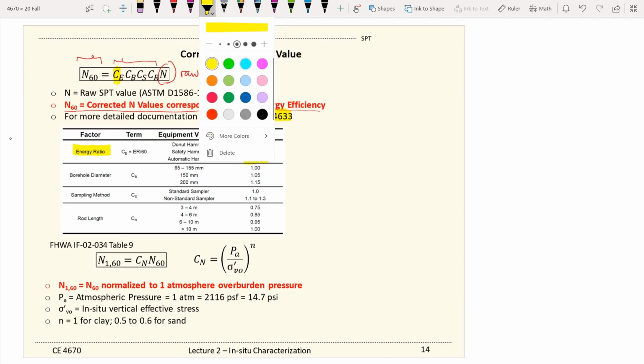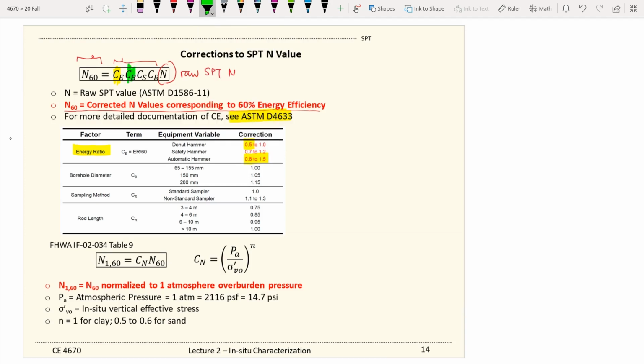And the second correction factor, C sub B, is the borehole diameter. If the penetration borehole is larger, then you have a relatively higher correction factor. So this gives you all these numbers right there.